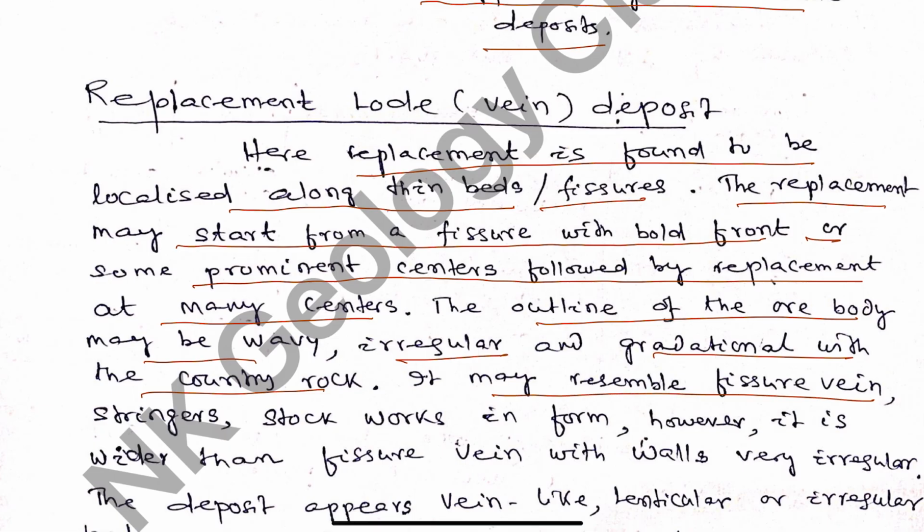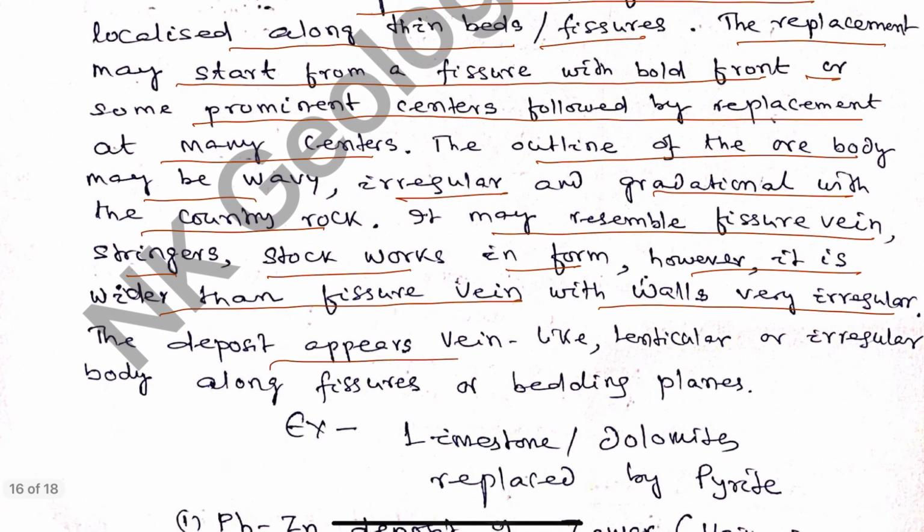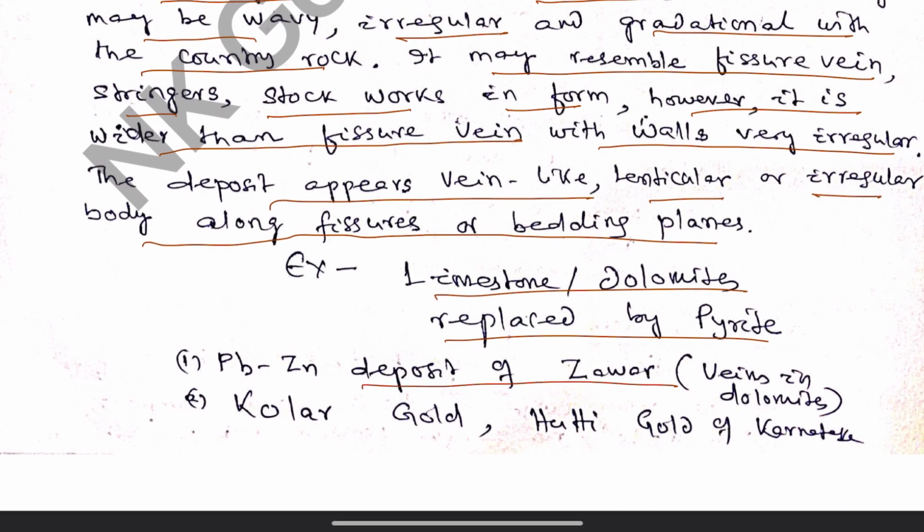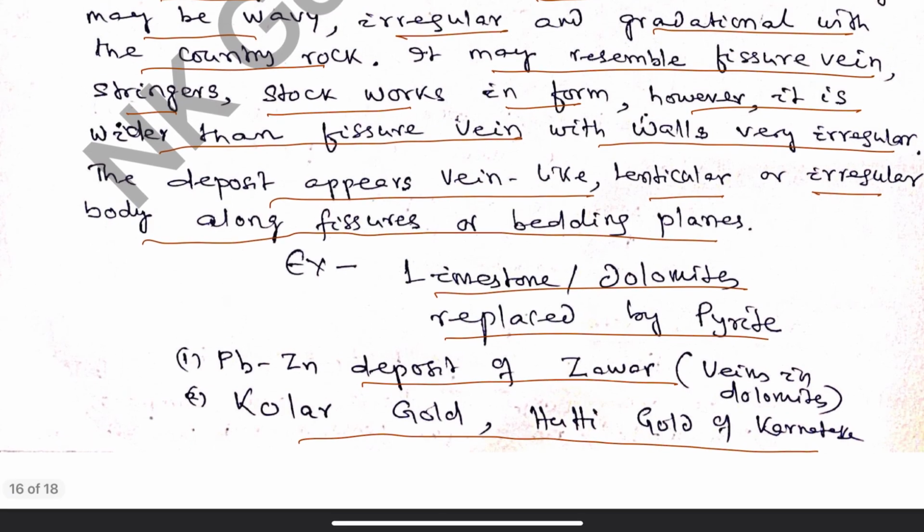It may resemble fissure vein, stringers, stockworks in form. However, it is wider than the fissure vein with walls very irregular. The deposit appears vein-like, lenticular or needle-like, irregular body along fissures and bedding planes. Example, limestone dolomites replaced by pyrite. Lead zinc deposits of Zawar replacing the limestones and dolomites. Kolar gold, Hutti gold in Karnataka.